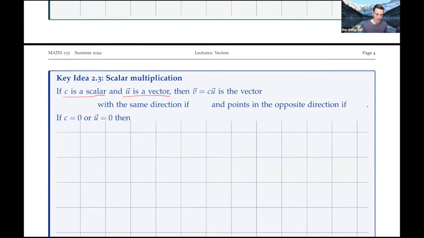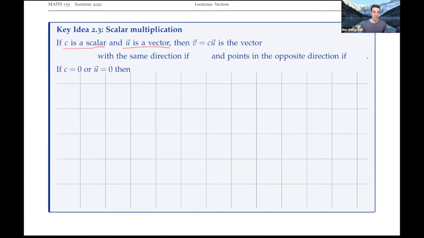How do we deal with scalar multiplication now? So suppose c is some scalar and u is a vector, then the vector v, which is c times u, is going to be the vector whose length is the absolute value of c times the length of u, with the same direction if c is greater than 0, and in the opposite direction if c is less than 0.